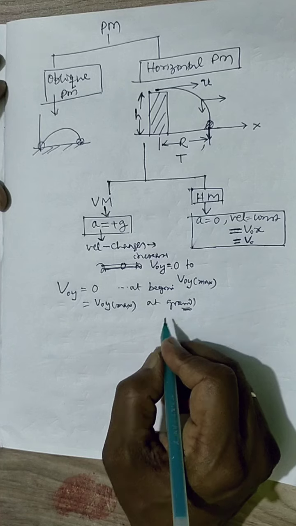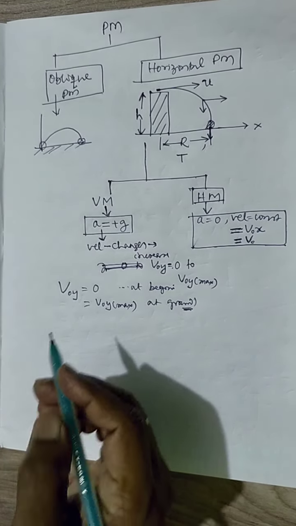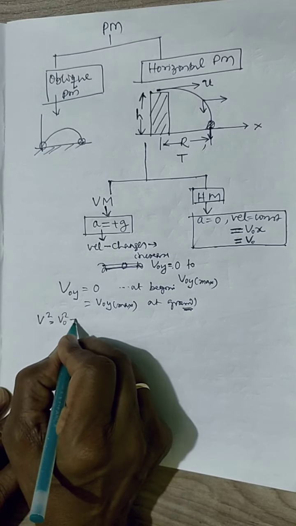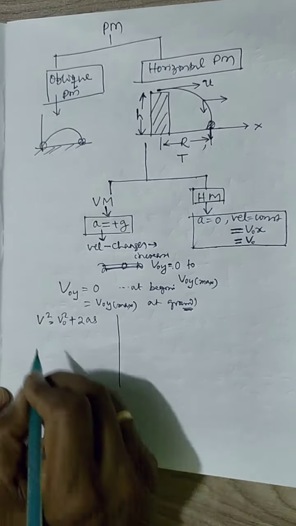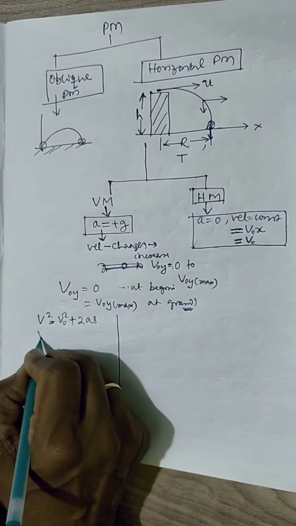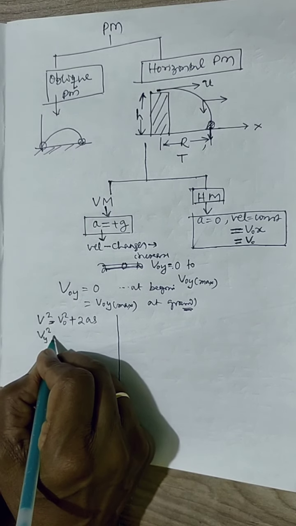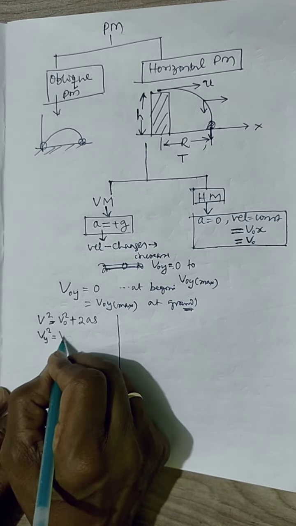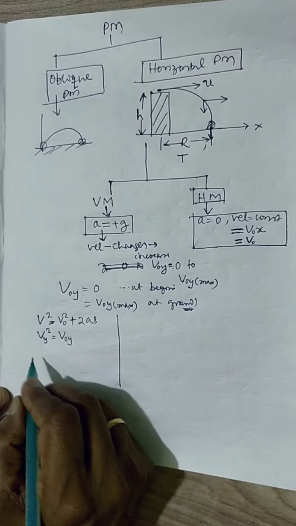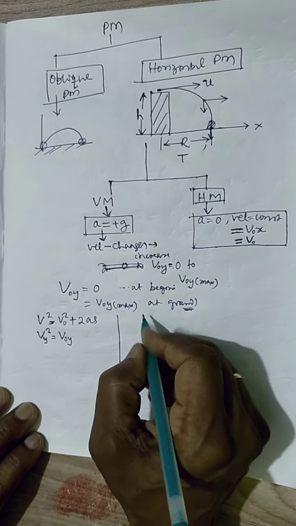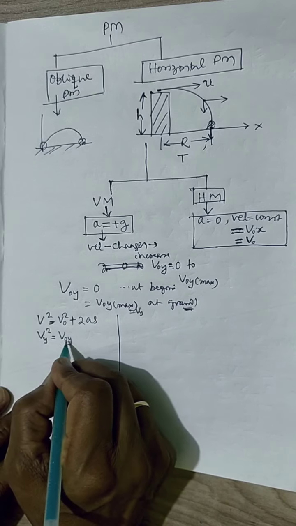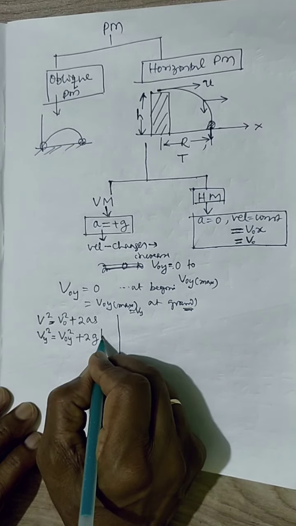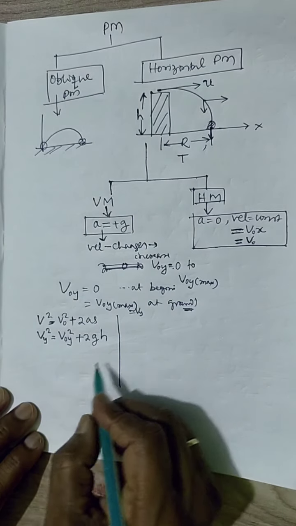Now, using the formula v square is equal to u square plus 2as, we get vy square is equal to v0y square plus 2gh, where h is the height of the building or tower from where the object is thrown.